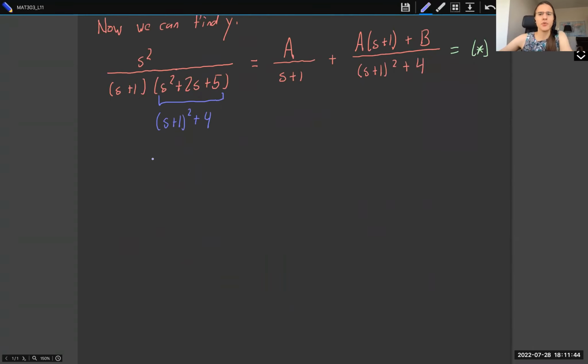Then I'm going to have that basically s squared, this isn't a continuation of this chain of equalities, I'm just writing something that follows from this, is going to be a times s squared plus 2s plus 5. Sorry, these coefficients are b and c.